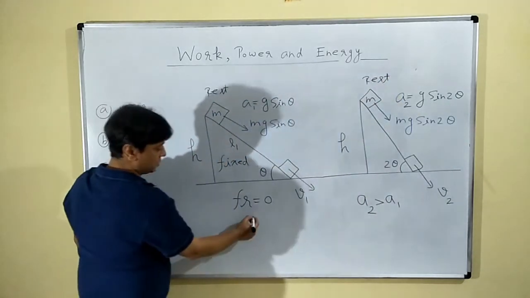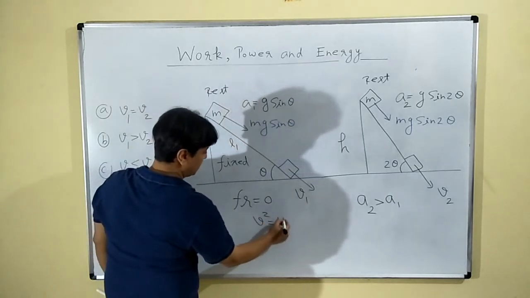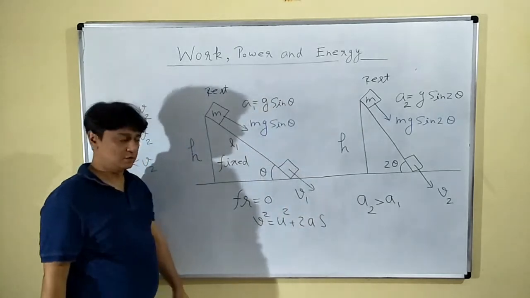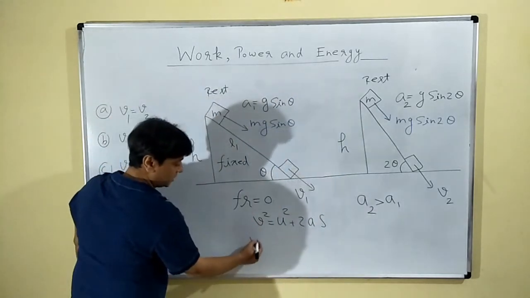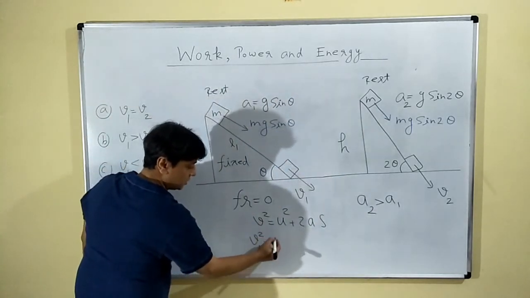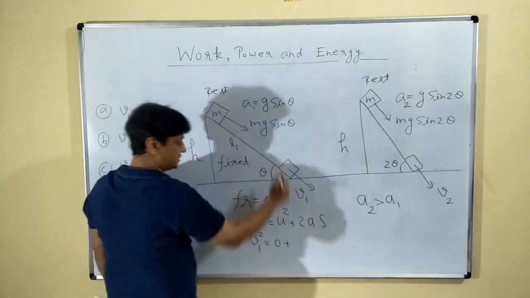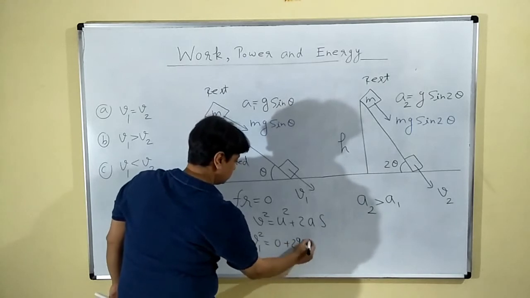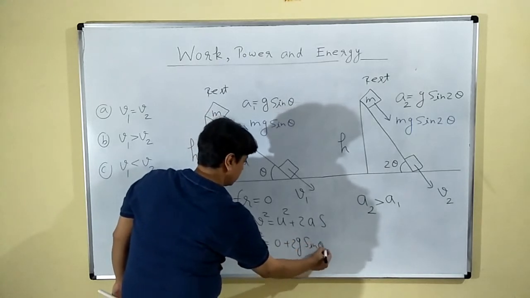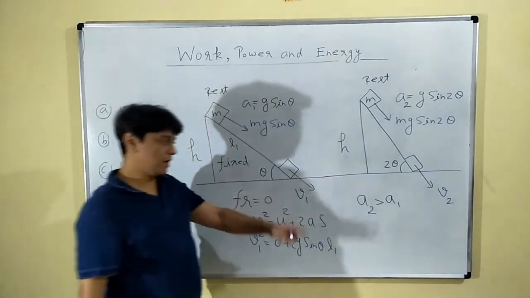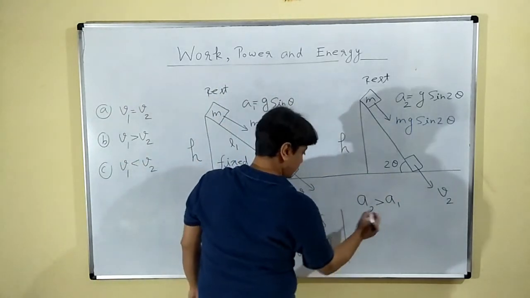And therefore, you will find V square equals U square plus 2as. Final velocity V1 square, U is 0, acceleration g sine theta, S is what? L1.